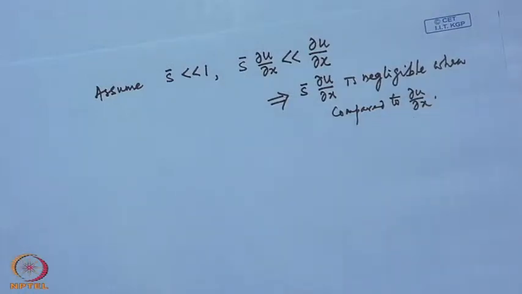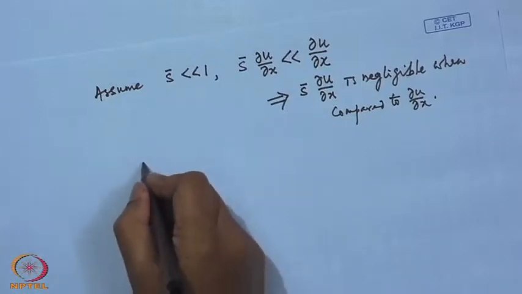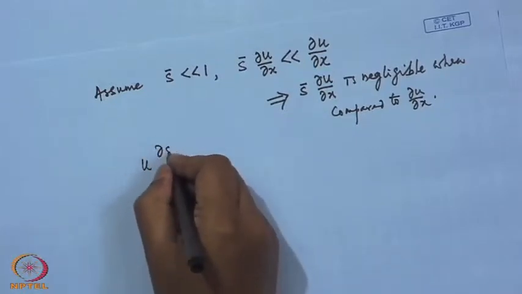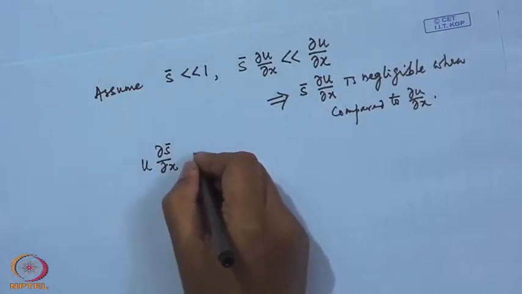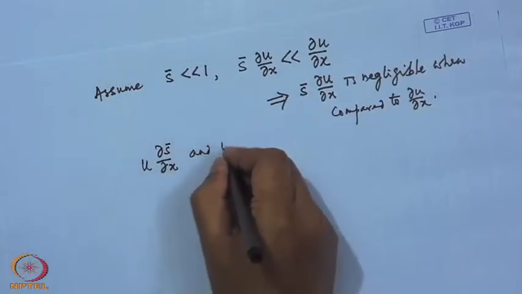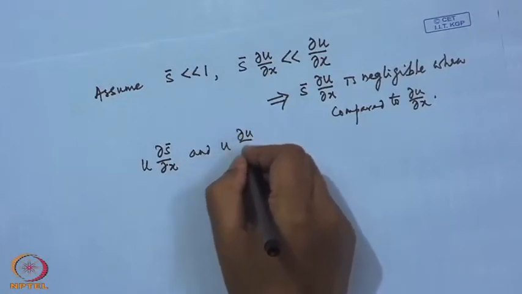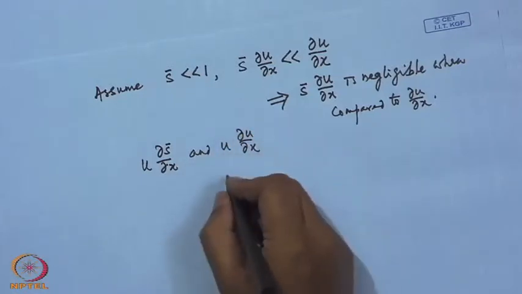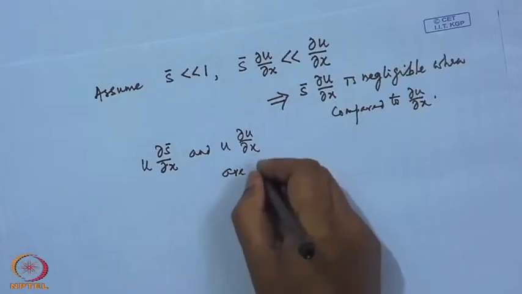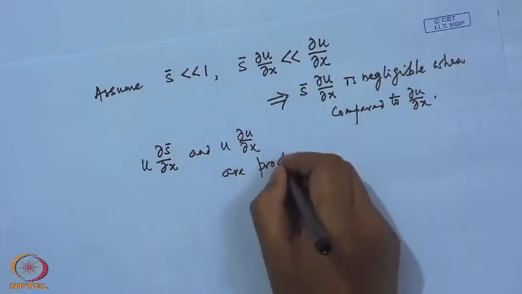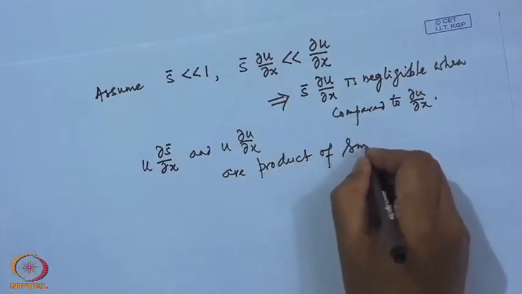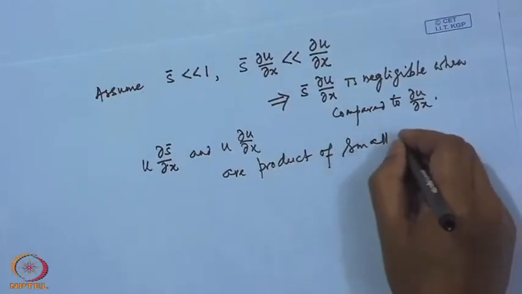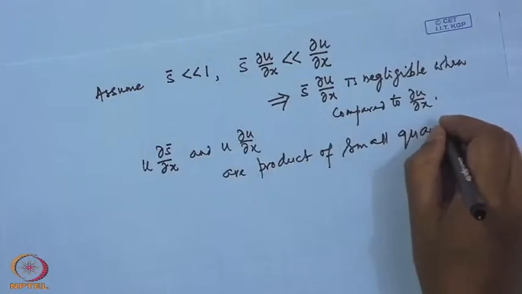Similarly, the terms u ∂s̄/∂x and u ∂u/∂x are products of small quantities, hence they are negligible.